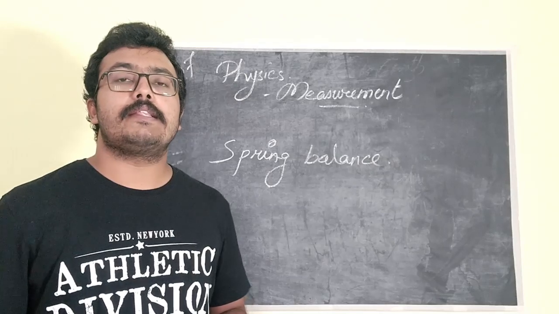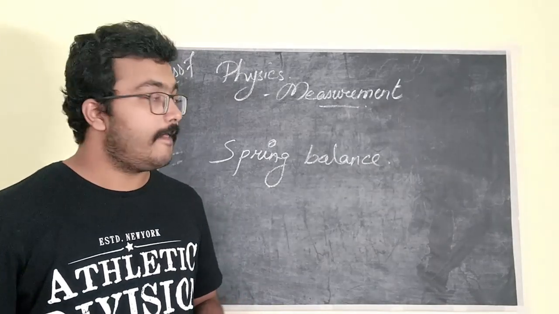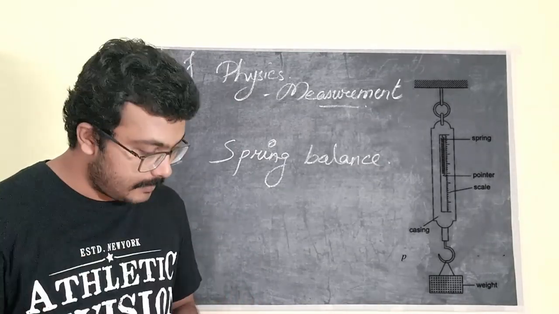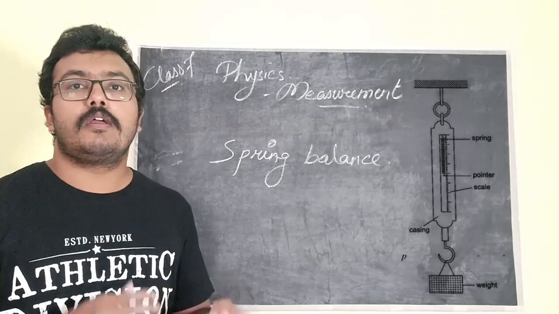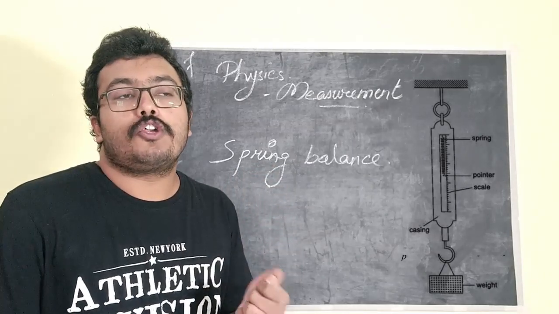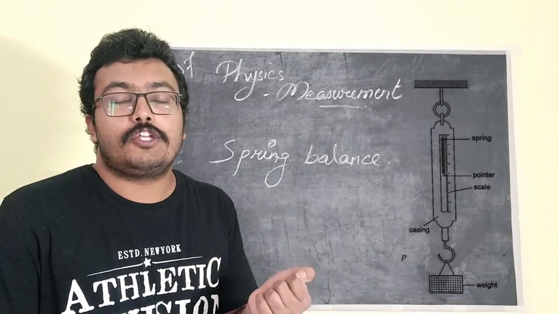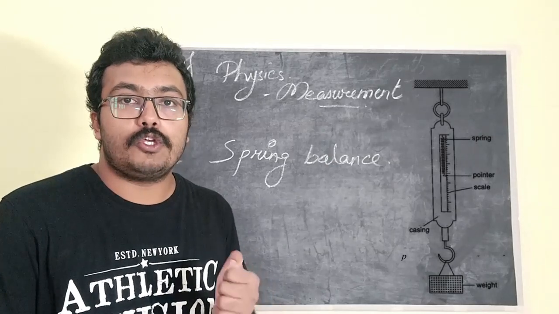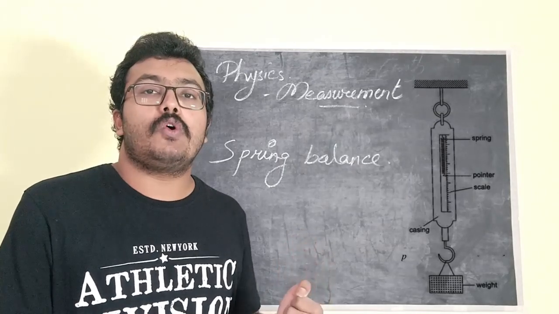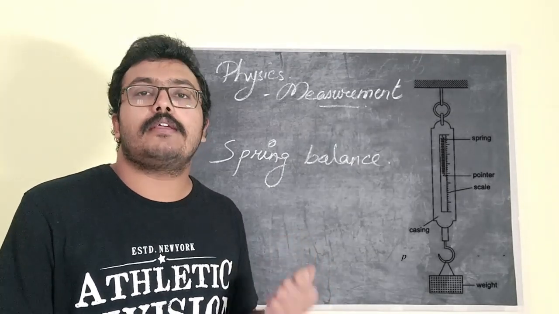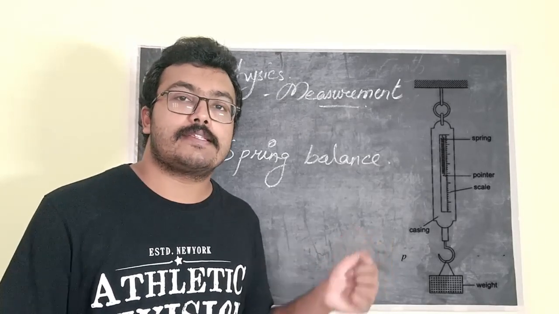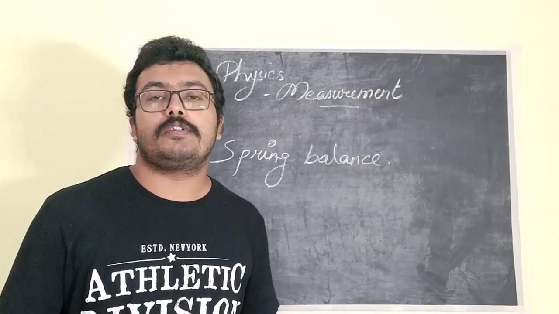A spring balance contains a spring whose top end is attached to the pointer and the bottom end is attached to a hook. This hook is used to attach anything that we need to weigh. The pointer points exactly according to the weight of the substance that we are measuring.